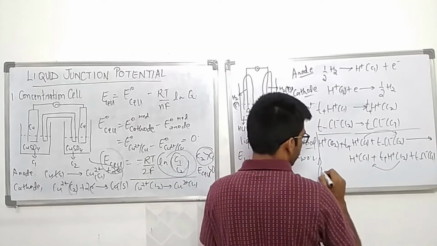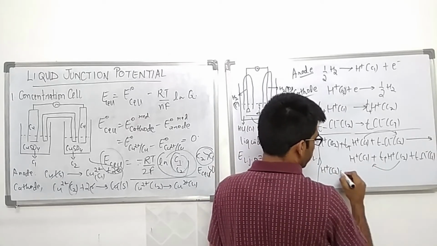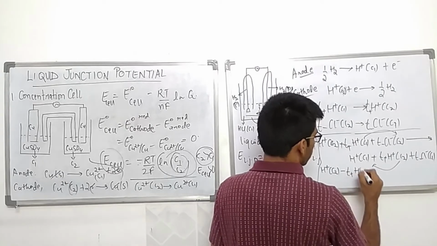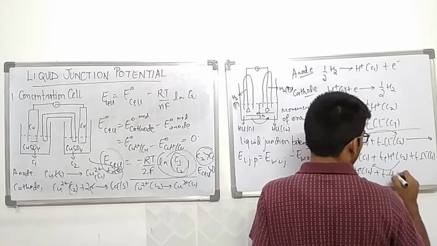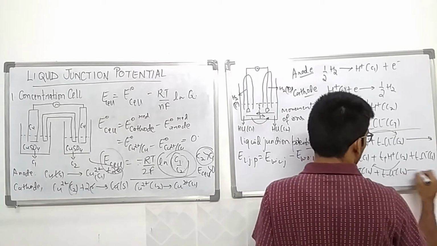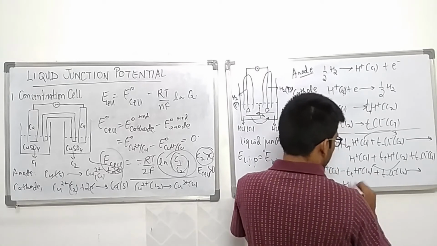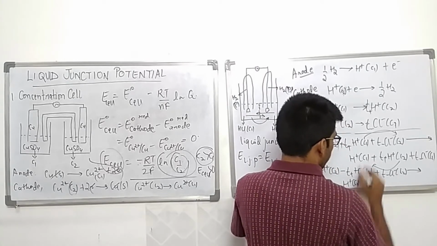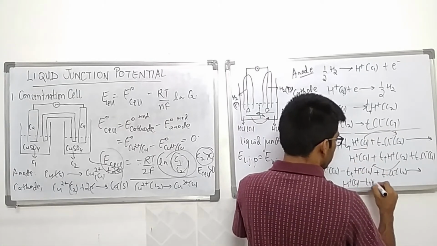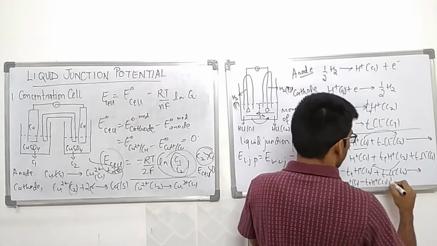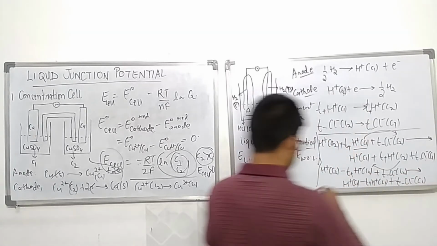So I would get H plus C2, and I am taking this one this side, so I get minus T plus H plus C2 plus T minus Cl minus C2 gives H plus at C1, this came to the other side, so I get minus T plus H plus C1 plus this is left over T minus Cl minus C1.